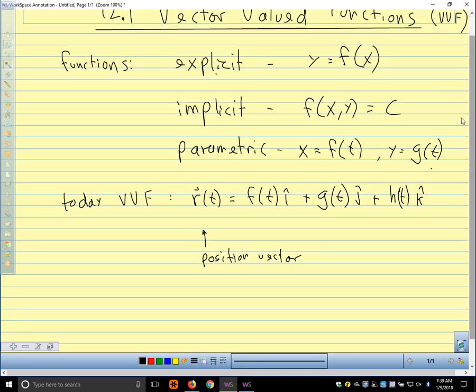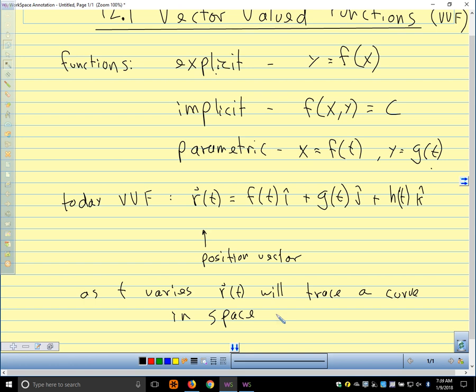As t varies, the tip of the vector is going to trace out a curve in space. I'll draw a picture here in just a second.